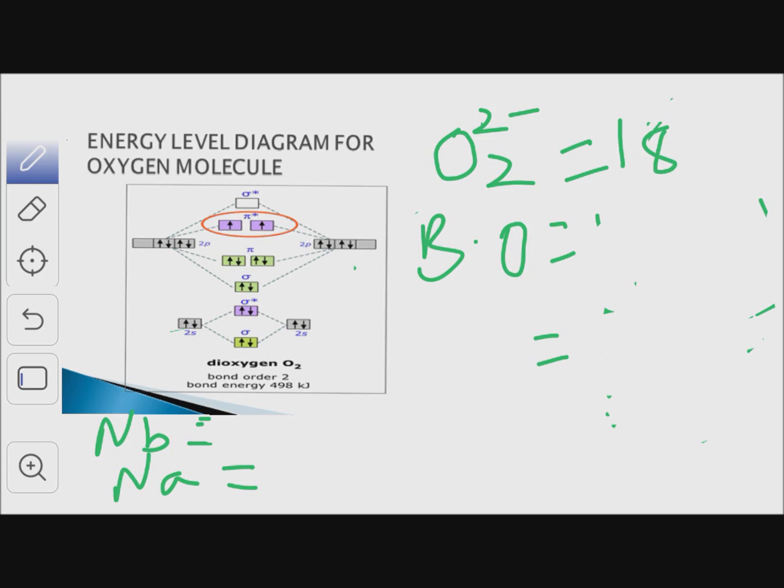In this case the electrons are moved to the anti-bonding molecular orbital.